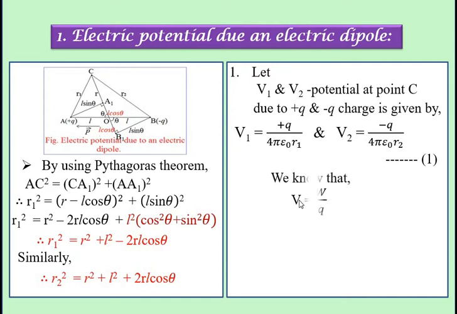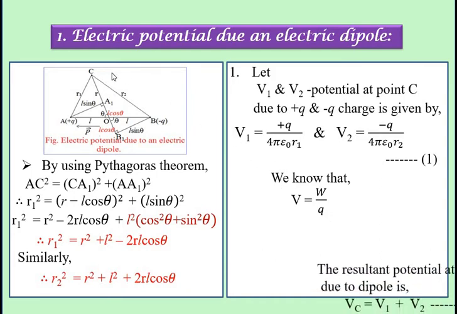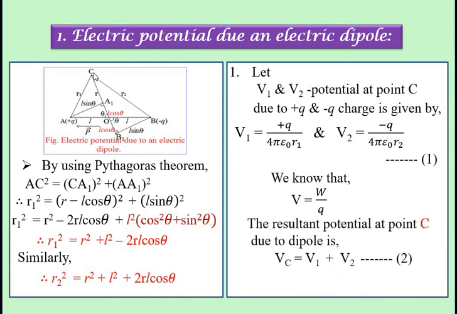We know that the electric potential is given by the relation V is equal to W divided by Q, that is, the work done in bringing the unit positive charge from infinity to that point. The resultant potential at point C is the addition of the two potentials, that is, potential due to the charge plus Q and potential due to the charge minus Q, that is Vc is equal to V1 plus V2.